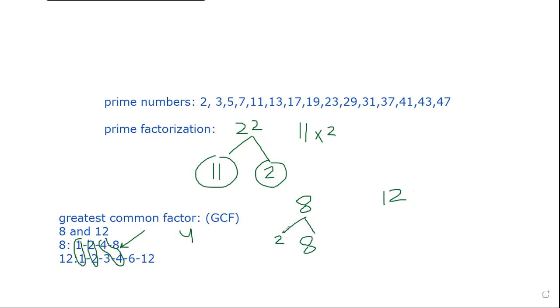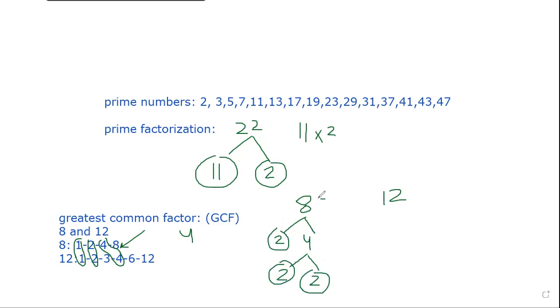Here, 2 multiply 4. 2 is a prime number, so I circle it. 4 is a composite number, so I need to continue, because in prime factorization you need to find the prime factors. So 8 is 2 multiply 2 multiply 2.